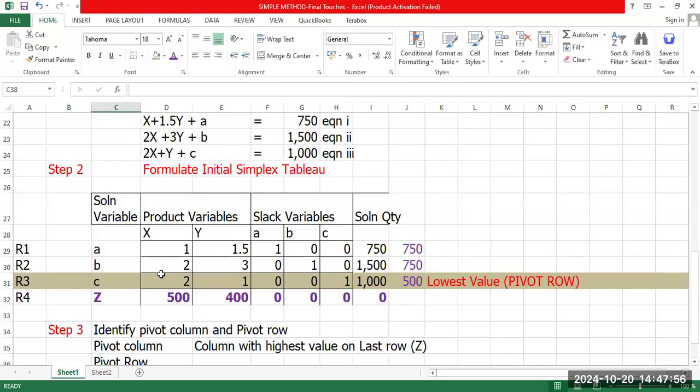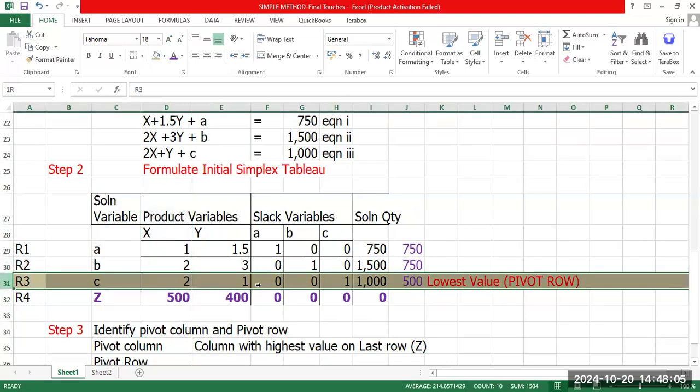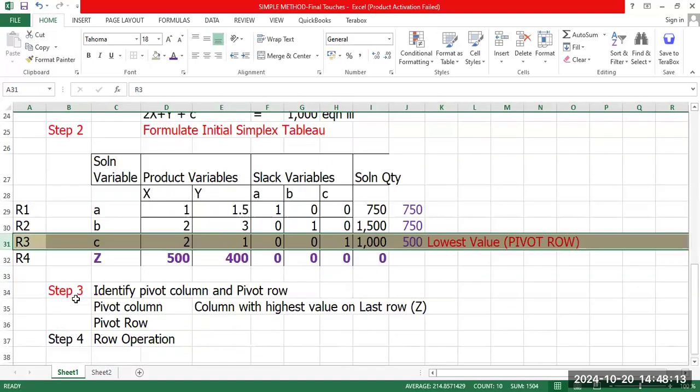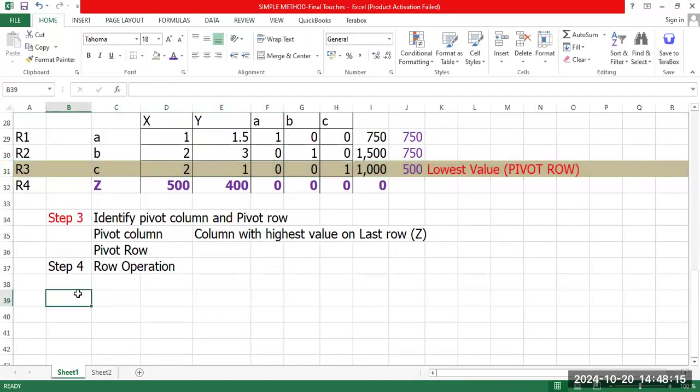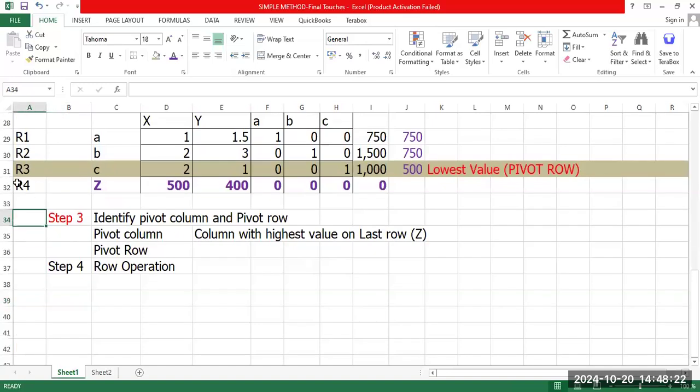This is your pivot column, this is your pivot row. So which formula are you going to come up with? You have that meeting point on row 3.